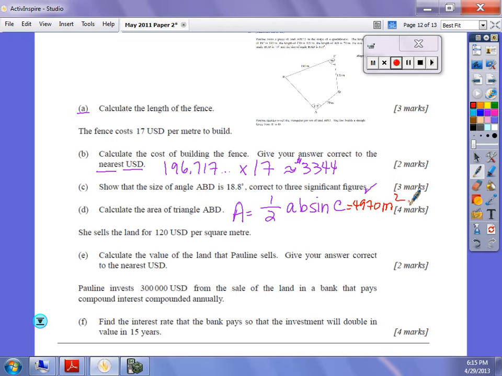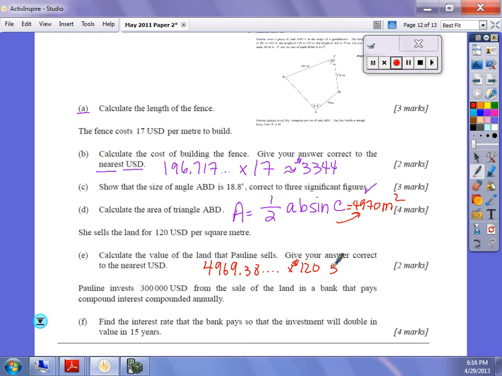Pauline is going to sell her land for $120 per meter. So again, we go back and we use the unrounded figure, and that was 4969.38. We've got whatever was in our calculator times $120 per square meter.